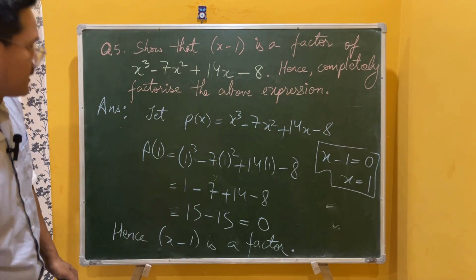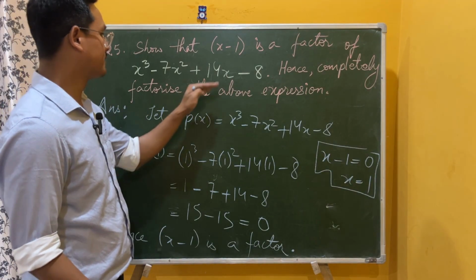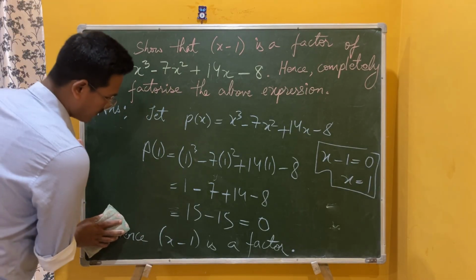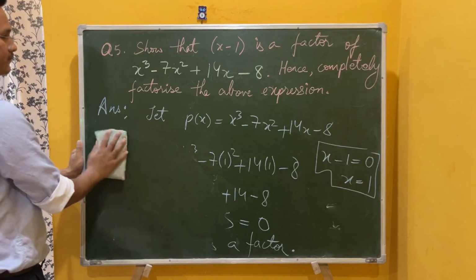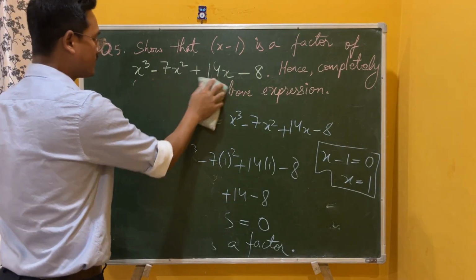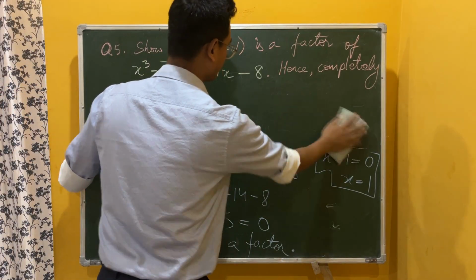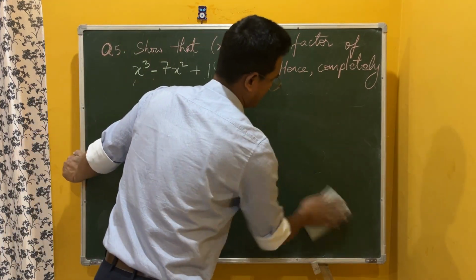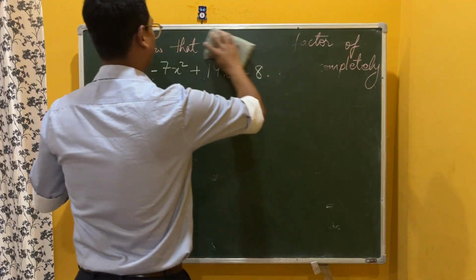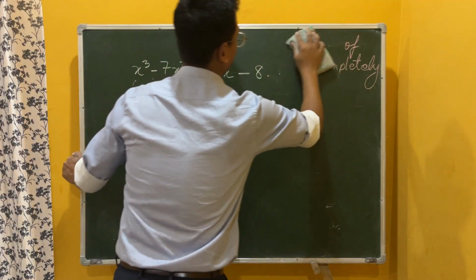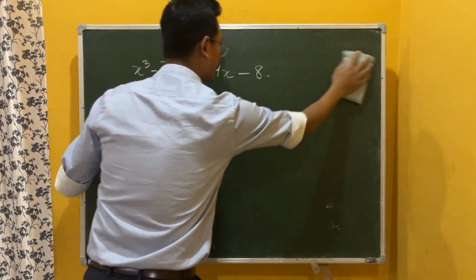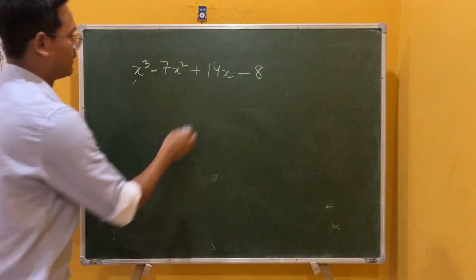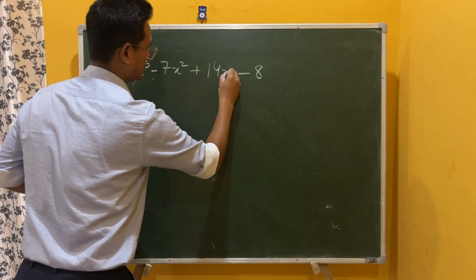So next, we'll have to factorize this expression completely. So what does that mean? What does factorization of an expression mean? It means to show that the expression is a product of factors.